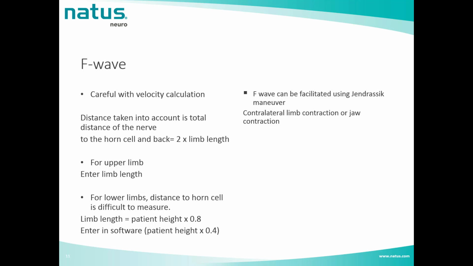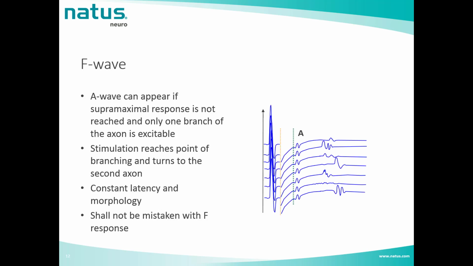Basically, if you want to record an F wave from the left arm of the patient, you may ask the patient to slightly contract the right side of his arm, or to contract the jaw, and this will facilitate the recording of an F wave. More generally, in reflexes, a slight contraction of the contralateral limb can facilitate the recording of a reflex.